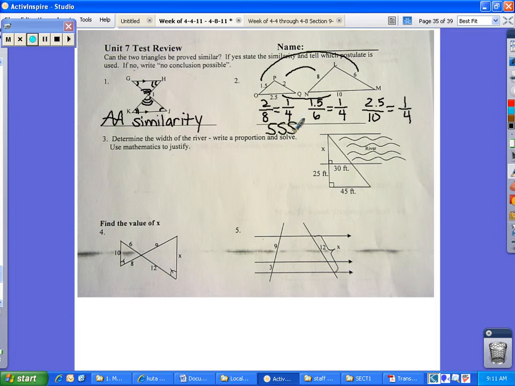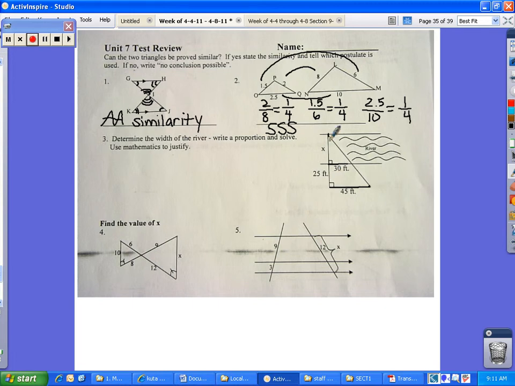In number 3, according to the side-splitting theorem, I know that the sides are split proportionally. However, notice that you don't have this side. You have the bases, and there's nothing about how the bases are split proportionally.